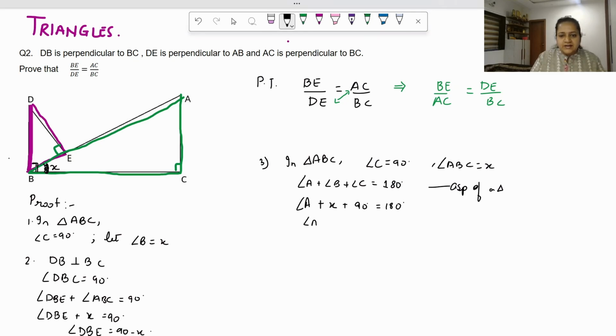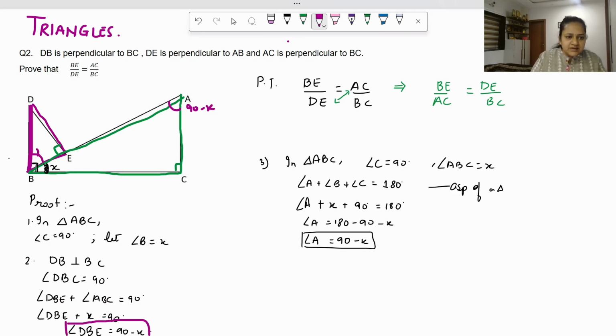So angle A is 180 minus 90 minus X, so angle A is 90 minus X. So we've got angle A as 90 minus X, and we also got angle DBE from here. Angle DBE is also 90 minus X, correct?